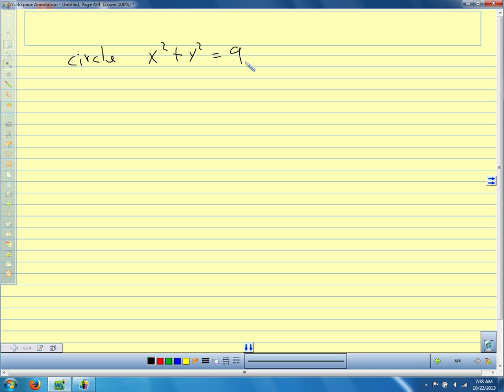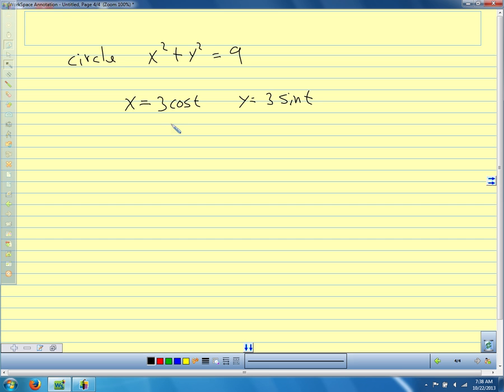Because we know that cosine squared theta plus sine squared theta equals 1. So it's going to involve cosines and sines. My radius is 3, so I'm going to let x equal 3 cosine t, and y equals 3 sine t.